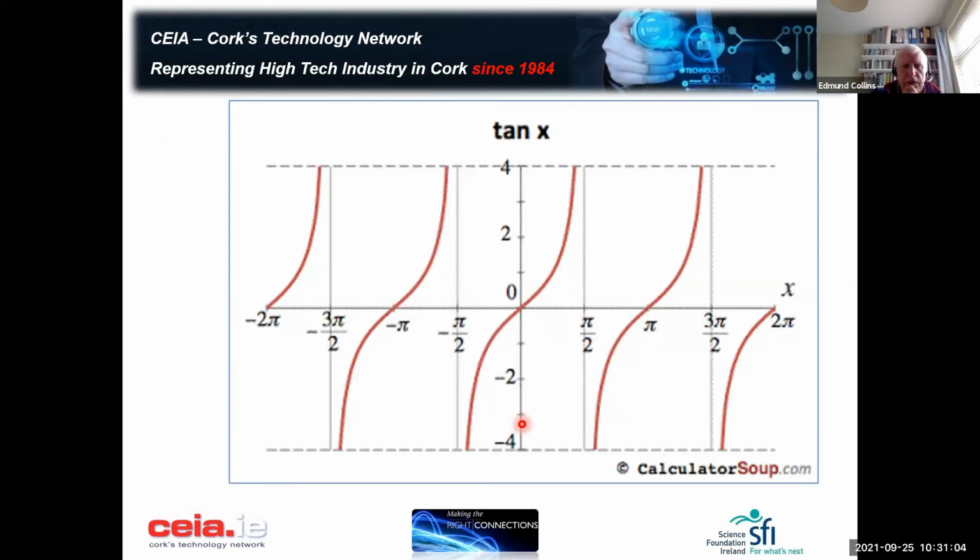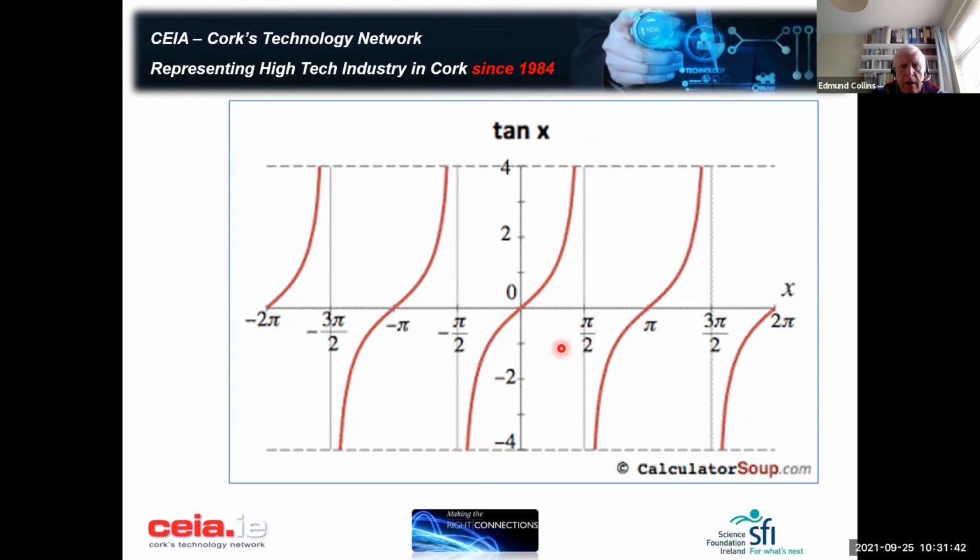This is a similar graph again, but in this case, it's the tan of the angle. You can see as you approach pi here, this becomes undefinable, because you're dividing by 0.